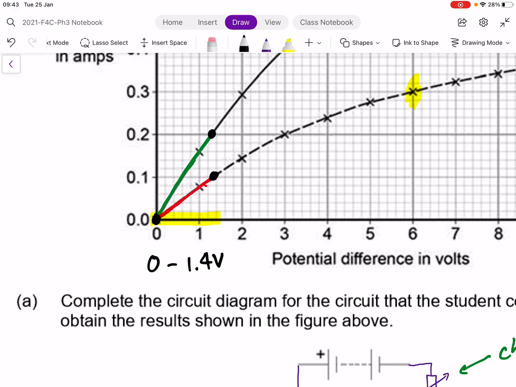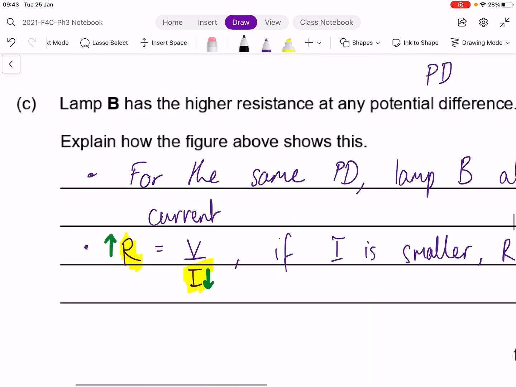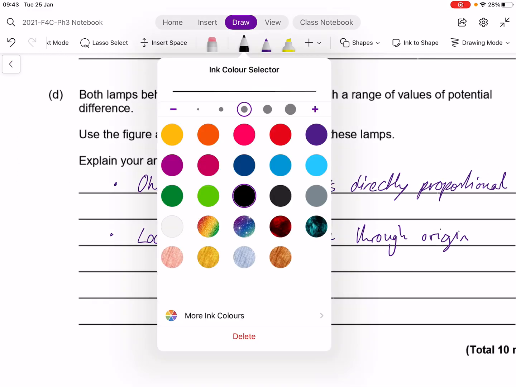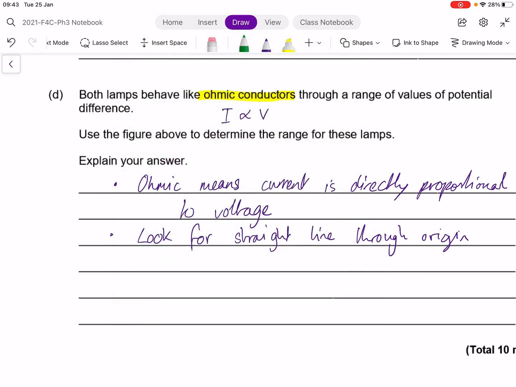I could argue that this is directly proportional. So going back to the question, because it says, what's the range where they're ohmic here? I would say they are ohmic between 0 volts and 1.4 volts, because that's where they're straight lines.